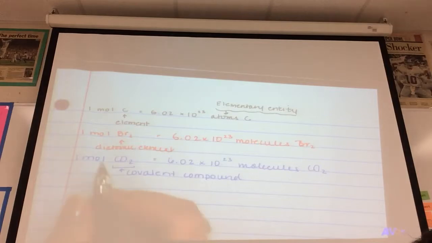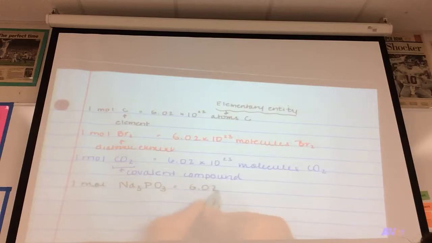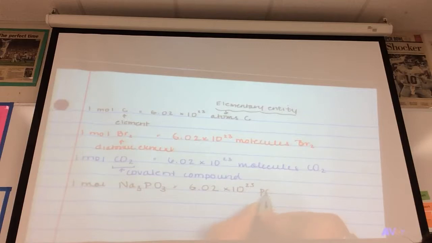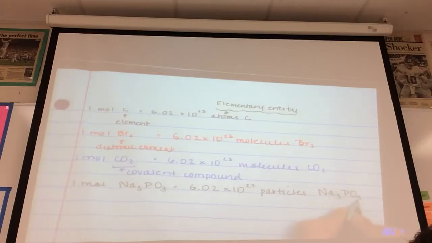And then finally, if you have 1 mole of sodium phosphite, this too is equal to Avogadro's constant, with the only difference being the elementary entity. In this case will be particles for an ionic compound. And so we have a whole series of equivalencies here.